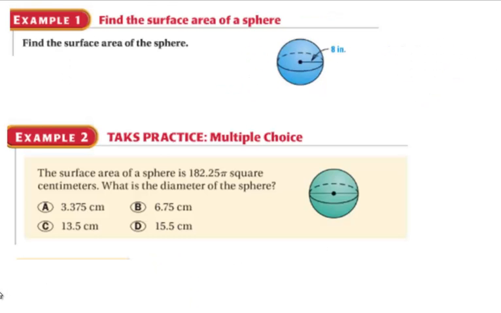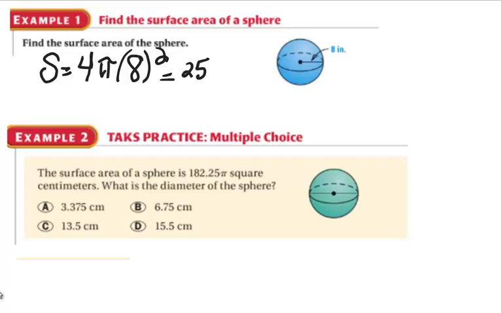So let's find the surface area of the sphere. 4 pi r squared, so the surface area equals 4 pi, my radius, which is 8, squared. Okay, and so for the exact value, we'd do 8 squared times 4, which would be 256, and we'd leave the pi there.